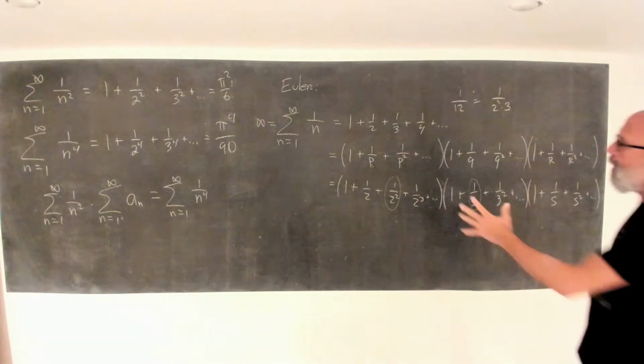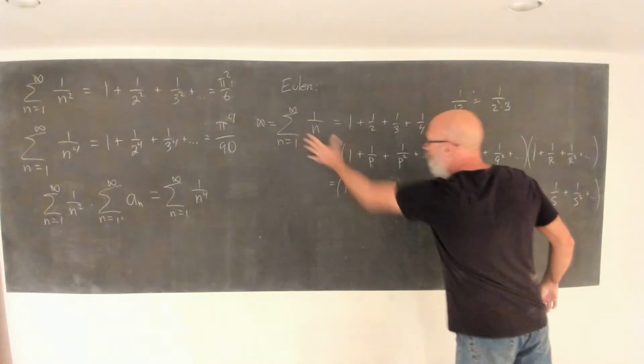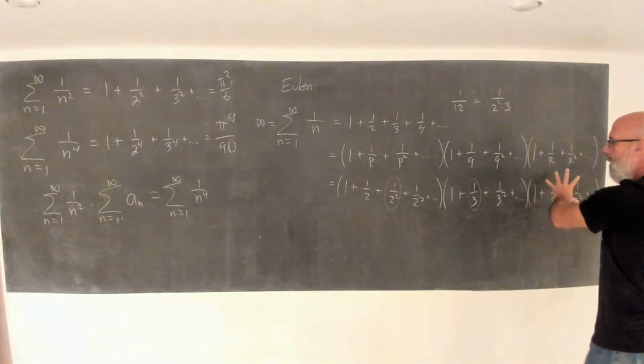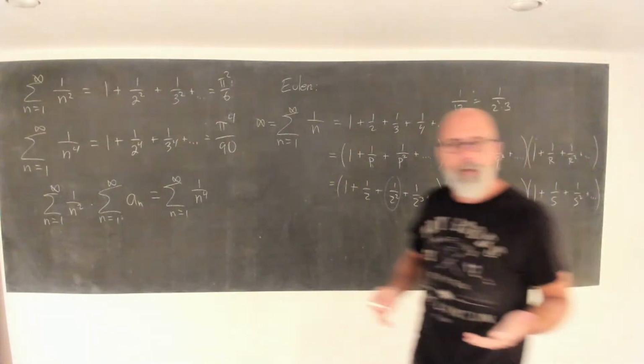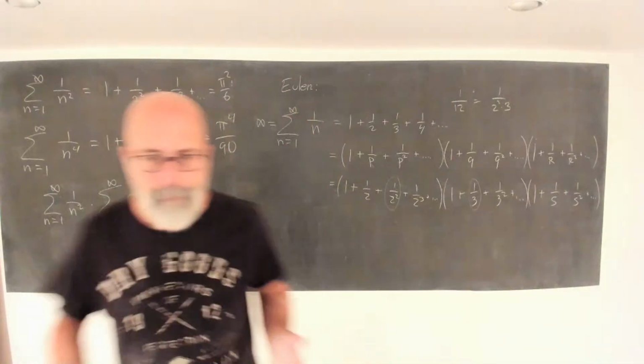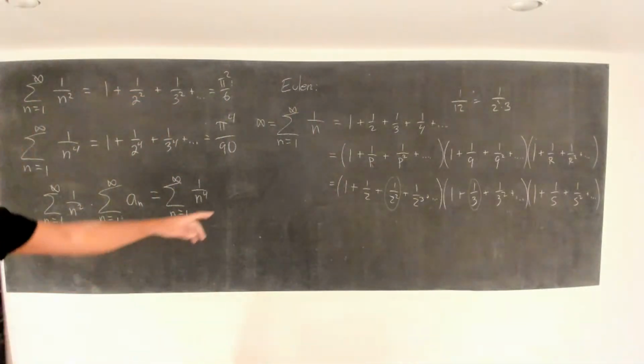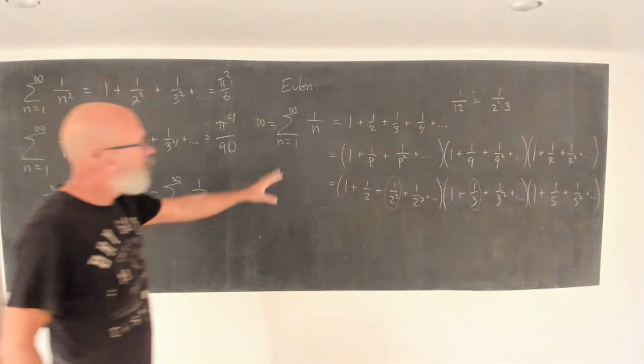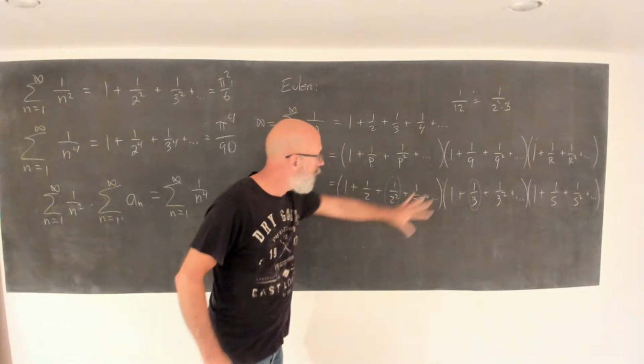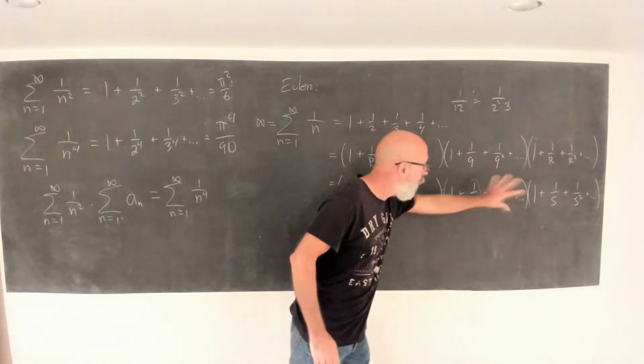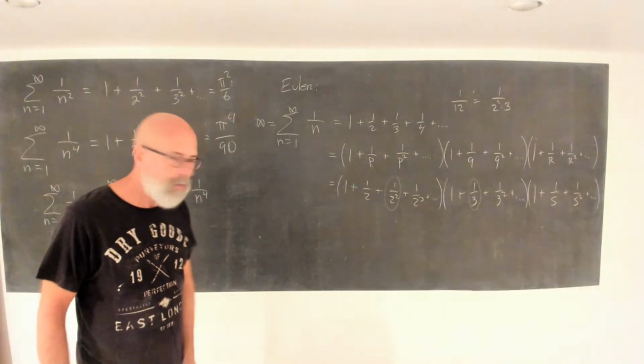So you see that this sum is now this infinite product. How you doing? So this sum is this infinite product of infinite sums.